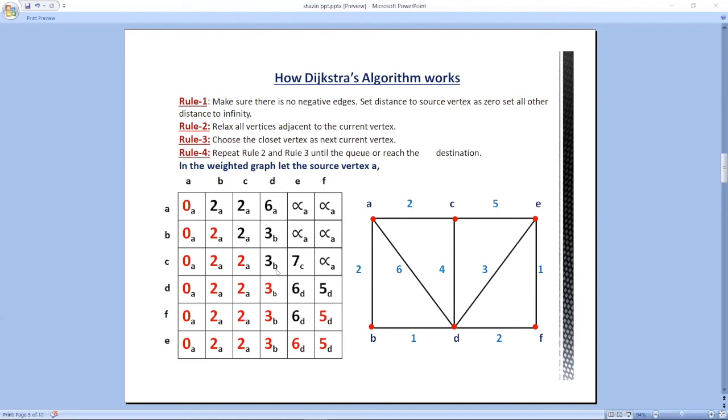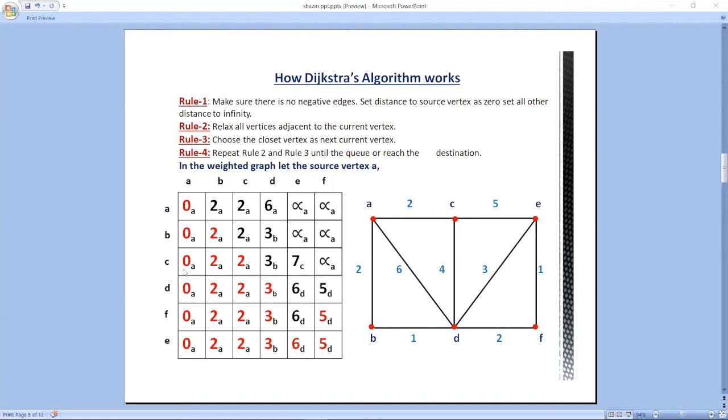So 3 units from B. And C to E, there is a direct way, and we need to travel 5 units. We have already traveled 2 units, so 2 plus 5 will be 7 units from C. There is no direct way from C to F, so we put the value as infinity from A. We will not update it.